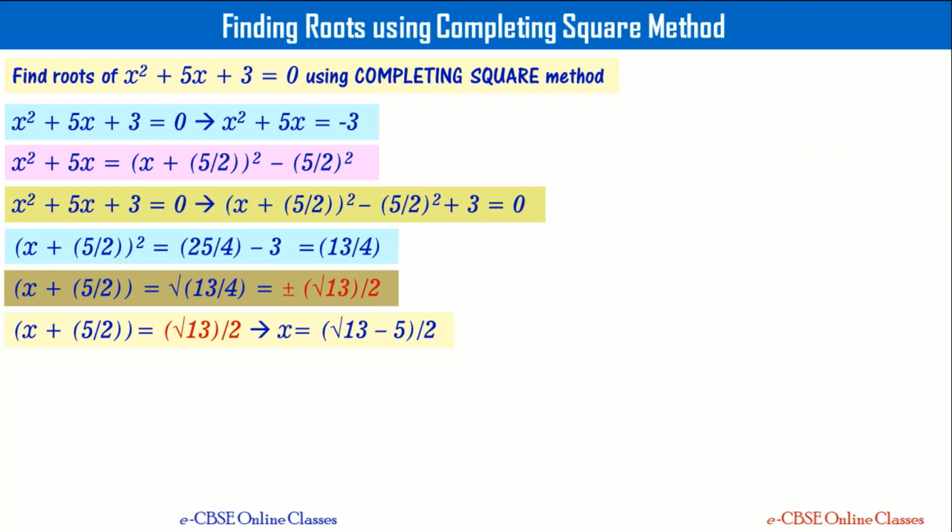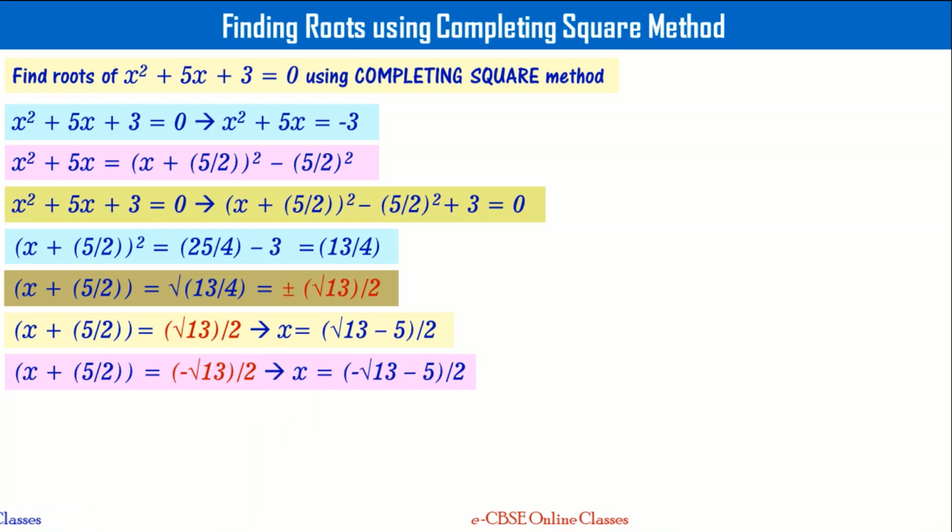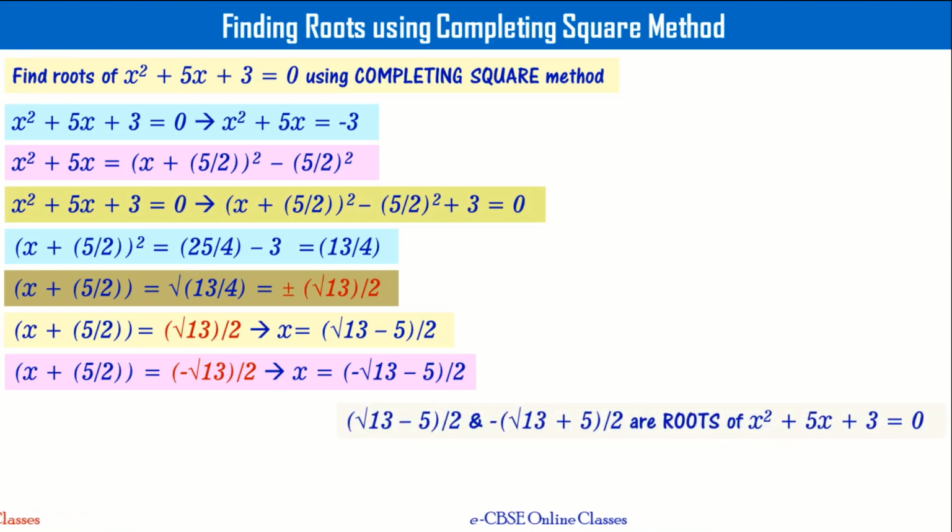Instead, if I take the negative sign, I can write x plus 5 by 2 equal to minus root 13 divided by 2. When you simplify it, you get x equal to minus root 13 minus 5 by 2, right? We can now say that these are the two roots of x square plus 5x plus 3 equal to 0.